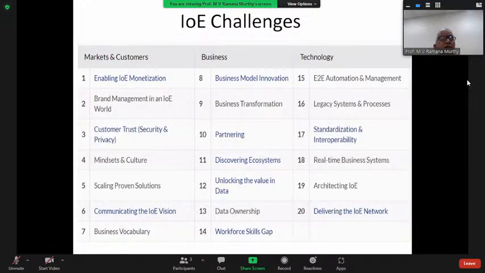There are certain challenges, which include market, customers, business, and technology.